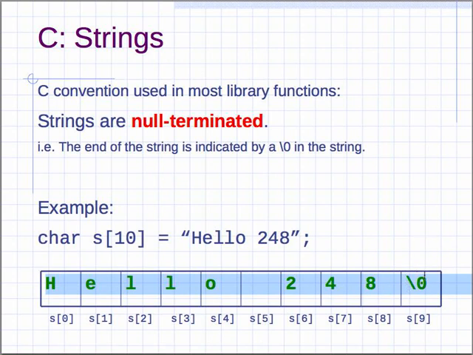This is what tells all the library functions used in C where the string stops. So you can have more than 10 characters. You can have 11, you can have 100 if you want, but if you have a NUL-termination character at position 9, you're only using the first 9 locations of this array.